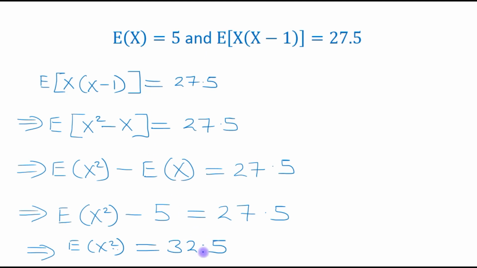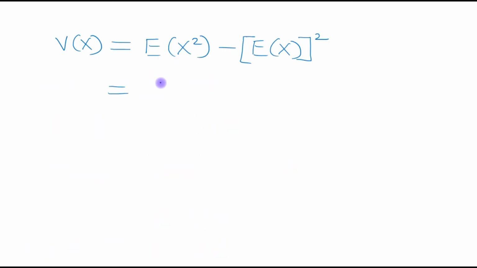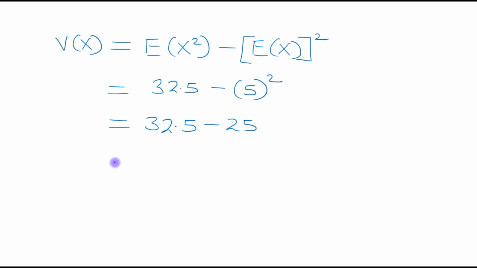This is 32.5 and expected value of x was 5, so 32.5 minus 25, and this will become 7.5. Fine. So variance of x is 7.5. Done.